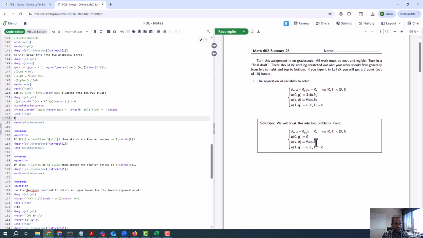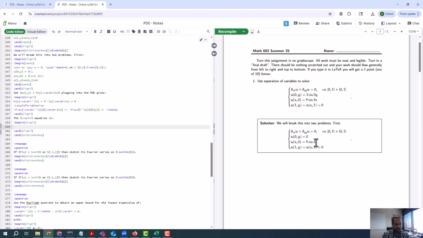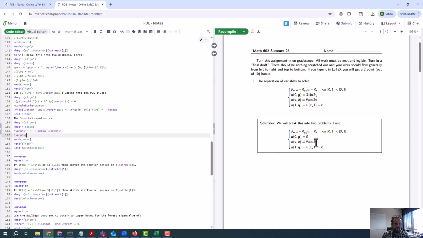Now, for the phi equation, actually let me write it like this. This is the boundary value problem. Phi double prime equals minus lambda phi, and we're going to get the boundary conditions phi of 0 equals 0 and phi of 1 equals 0.